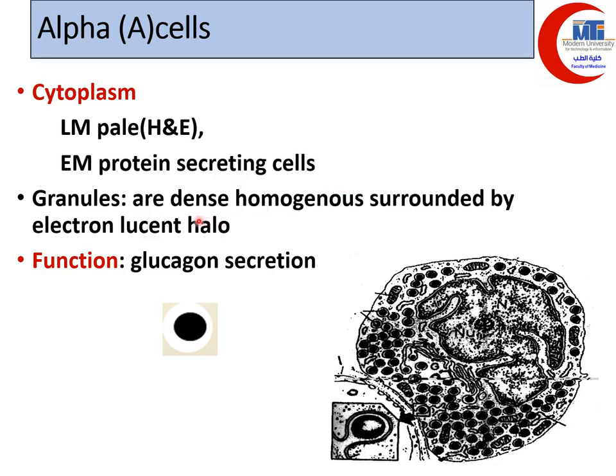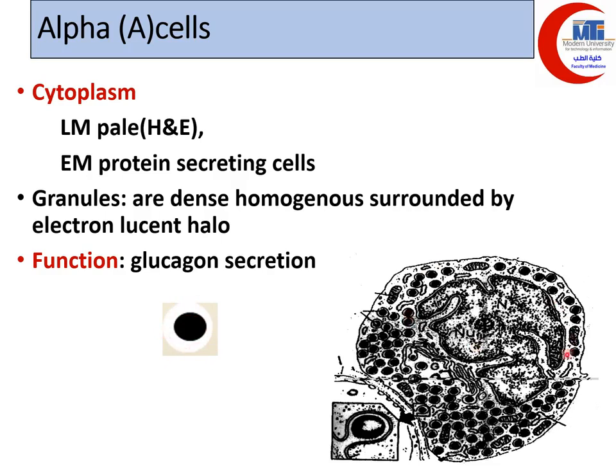But the granules of these cells take a specific shape. These granules give a dense homogeneous core surrounded by an electron lucent halo.